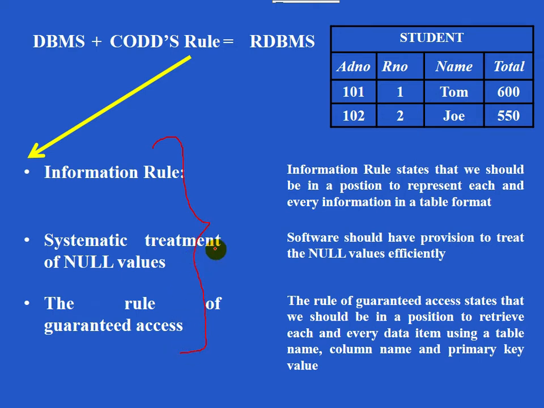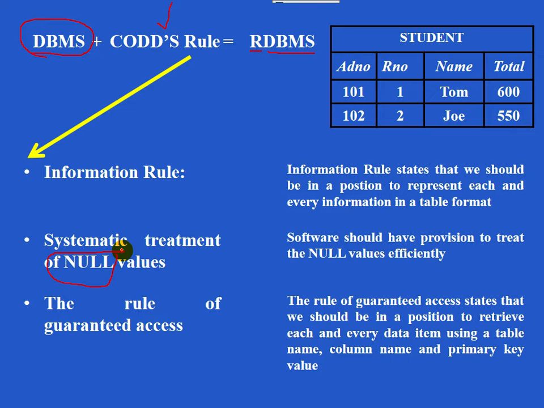Remember any 3. If the database management system satisfies all the 12 properties of Codd's rule, we can say such a software is relational database management system. And Microsoft Access is an example for relational database management system. In Microsoft Access, there is provision to treat the null values efficiently in a cell.